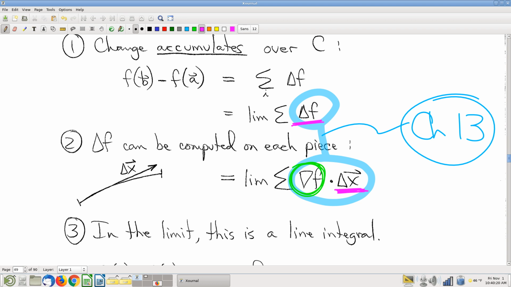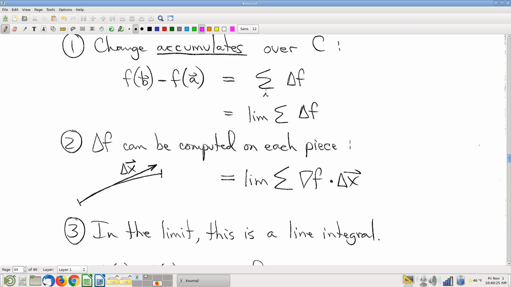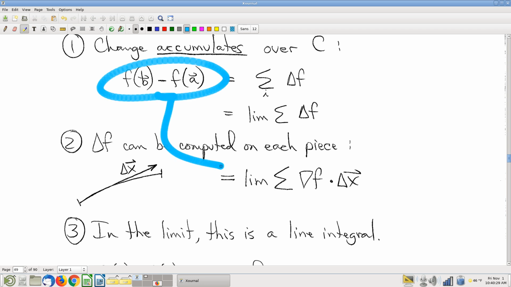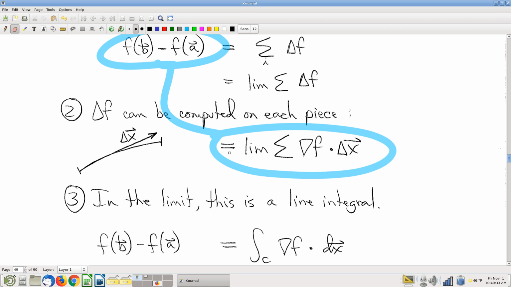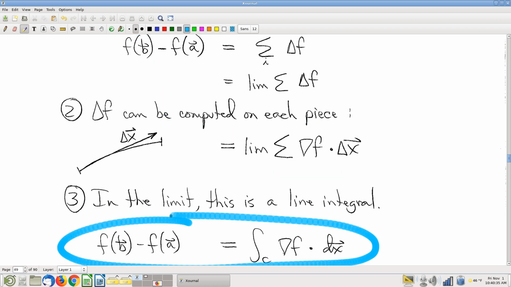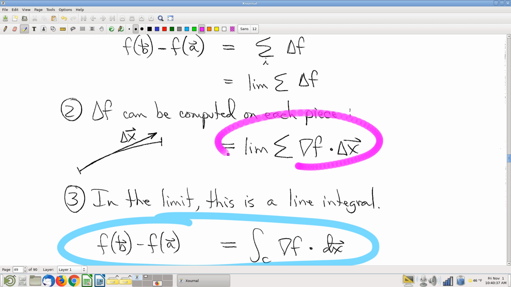For your flashback purposes, and that being said, note that here we are again. We have a theorem. If you're interested in computing change, it's in fact a line integral. Right, so reminder, this is our very definition of a vector line integral.